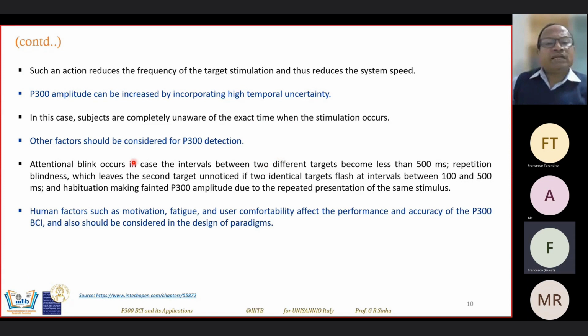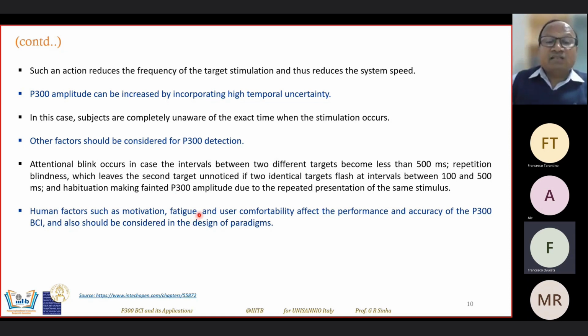And of course, these are technical factors, but there are also human factors such as motivation. The person who is trying to read or record something must be motivated. And fatigue is a factor.